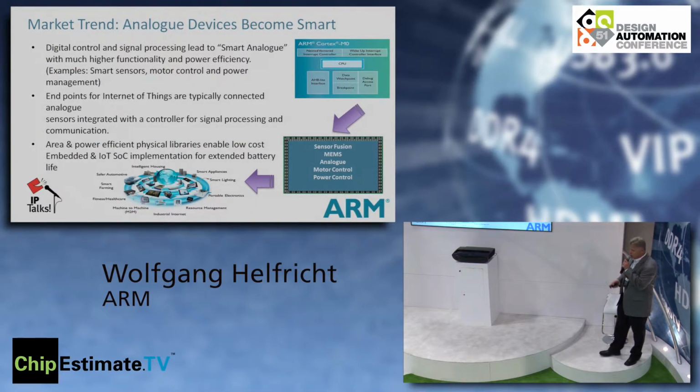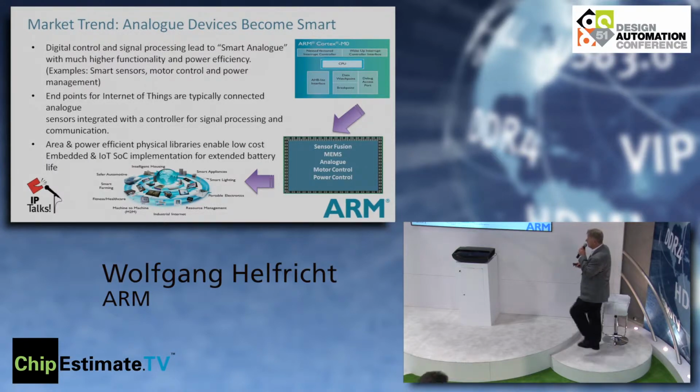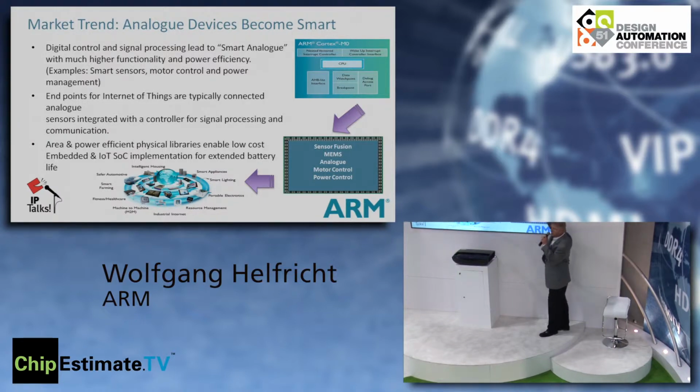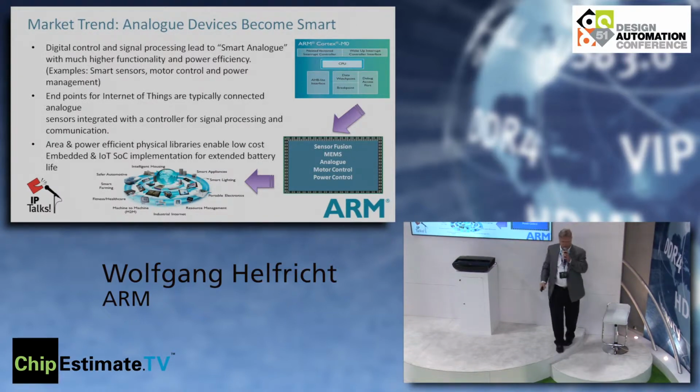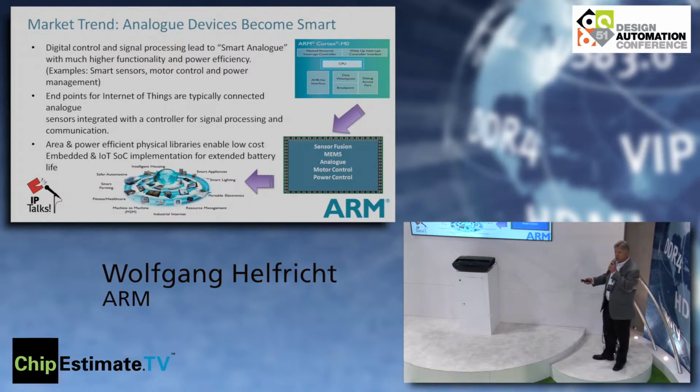So if you look at the IoT analog stuff, typically you have the whole world with the IoT, you have a microcontroller, and in between you have the analog IP, you have sensors, motor control. So it's a nice bridge between analog and digital.